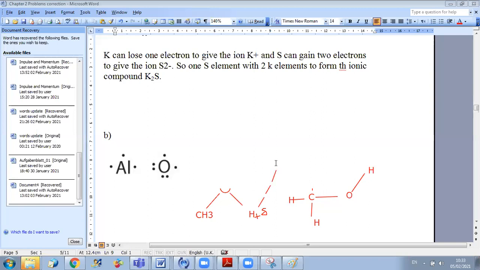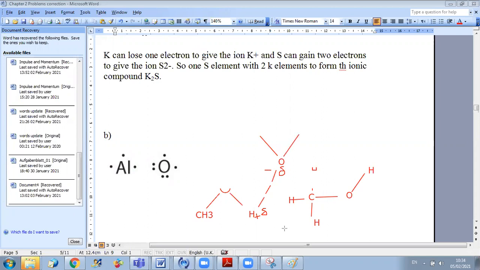So this is O from this side. This is O, and of course, this is the electronegative one. This is the negative dipole, so it's minus delta. And you have here the molecule of CH3 and H. And this will be repeated several times.